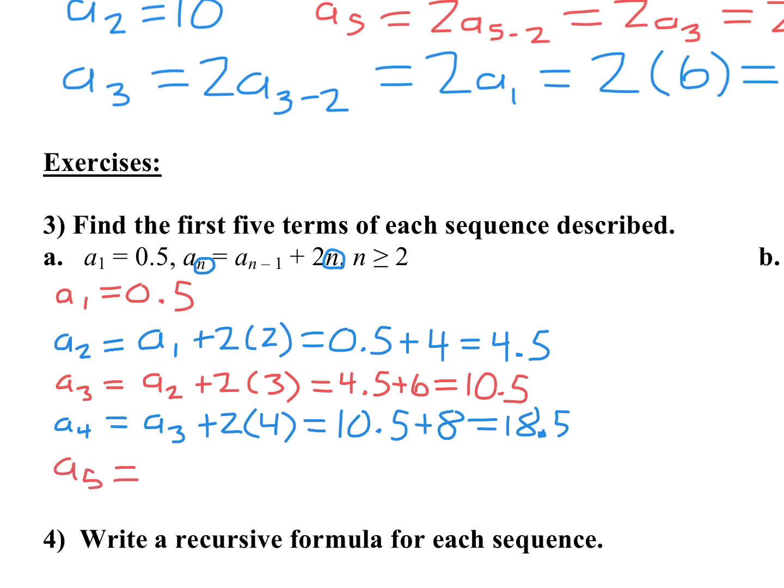A5 is A4 plus 2 times n. I'll do this one a little differently: I won't write A4, I'll just plug straight in. Plus 2 times n, which is currently 5. So 18.5 plus 10 is 28.5.